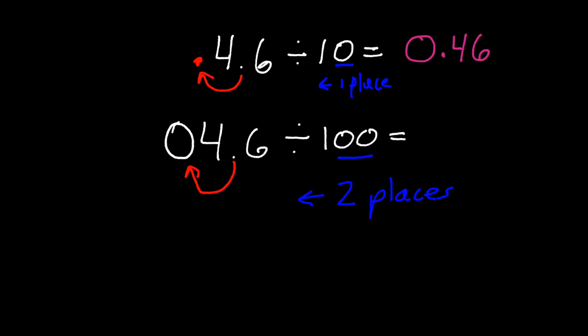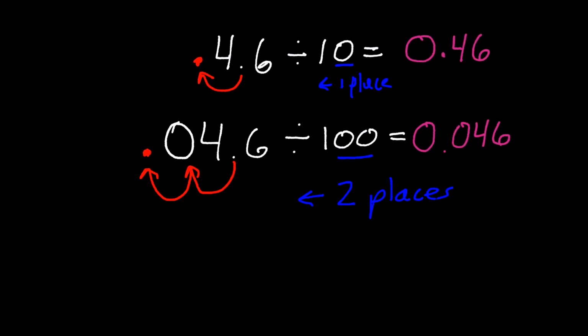And now we can do a second jump to be in front of the 0, and our decimal will go there. So this ends up giving us the answer of 0 and 46 thousandths. So all we had to do was add in a 0 if we ran out of digits to jump. And we decided how many digits we needed to jump based on the zeros in our divisor.